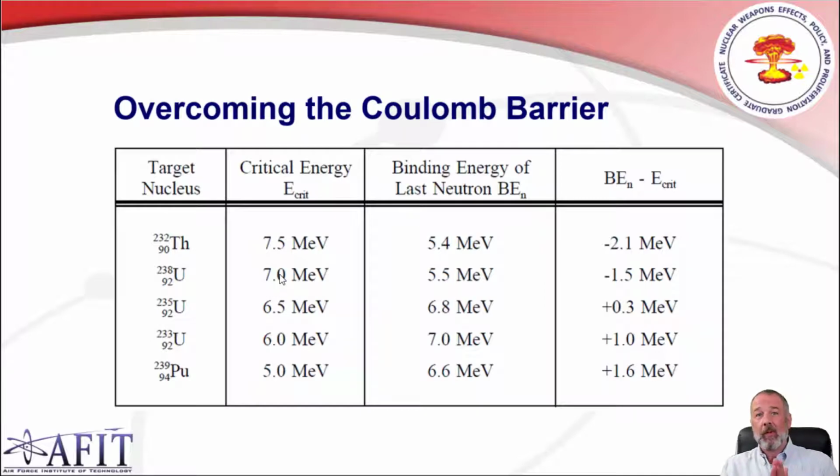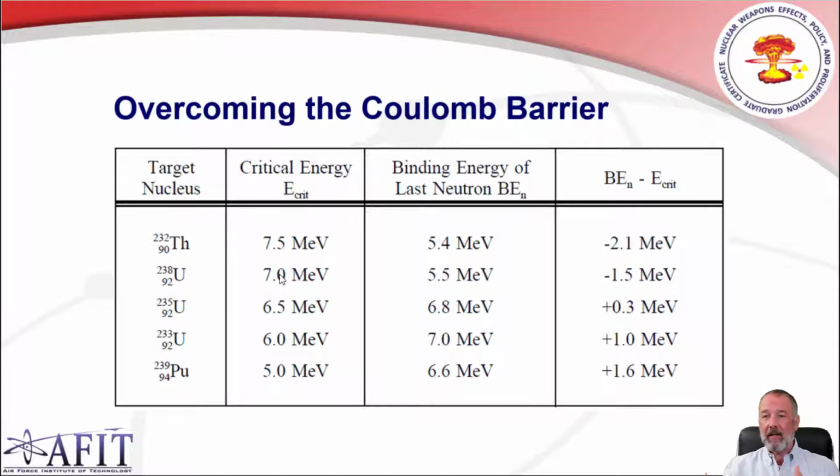Now, it's actually not the Coulomb barrier, it's the nuclear force barrier that's holding everything together. We need a certain amount of energy in order to overcome it. So we need a certain amount of repulsion between those 2 lobes of this deforming nucleus in order to have fission actually occur.